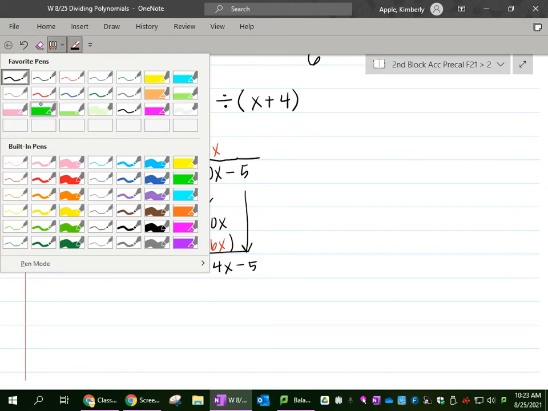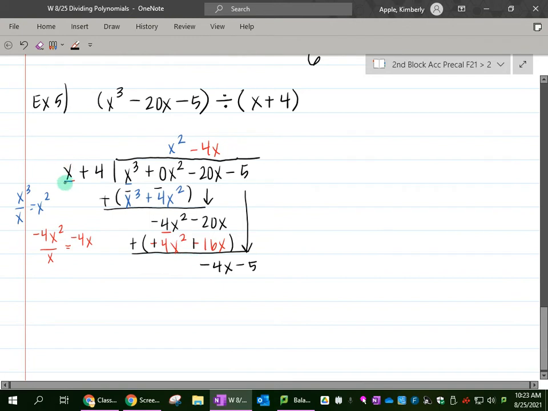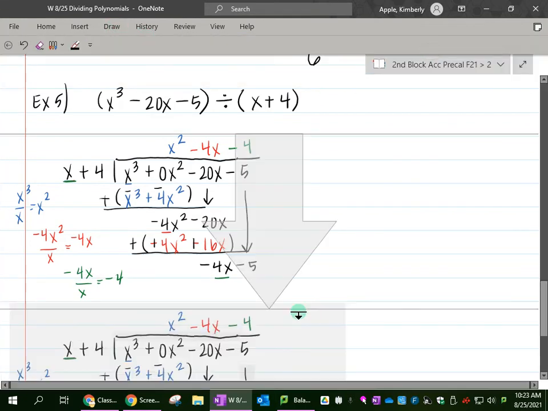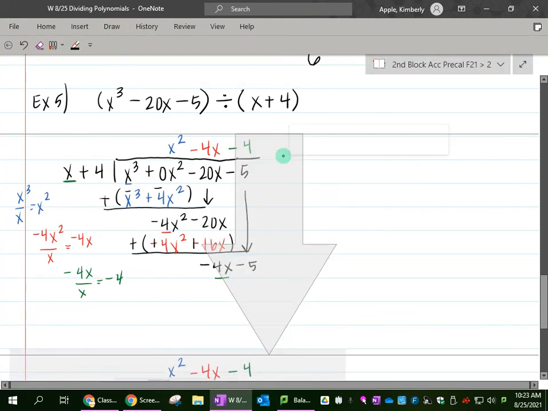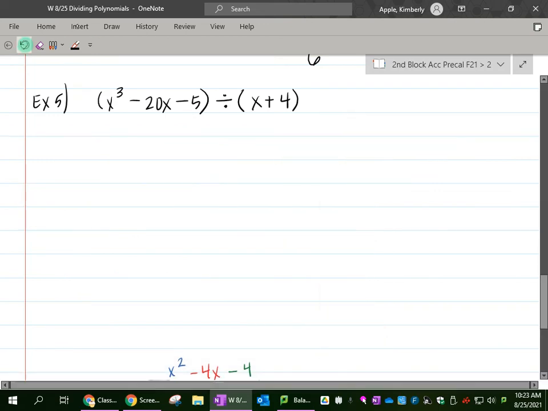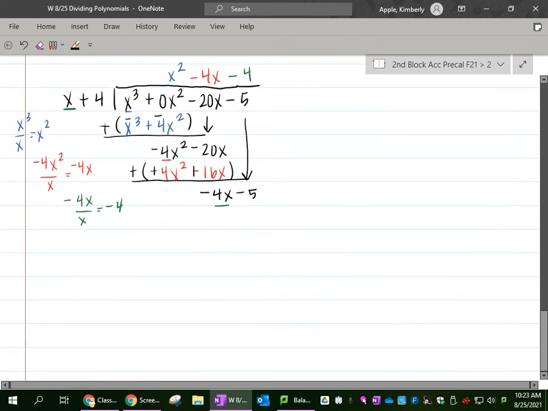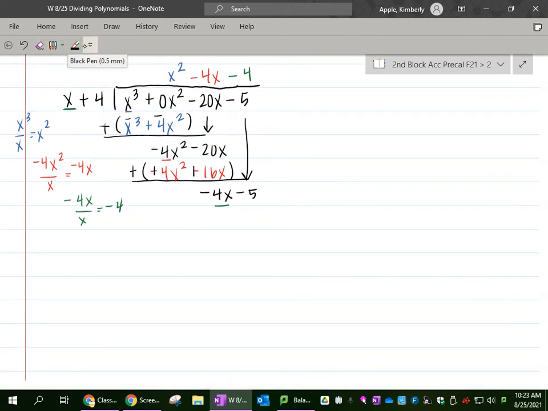All right, last bit of division. We're going to divide these two things. So here's my work. Negative 4x divided by x is just negative 4. This will be minus 4. So now we're ready to multiply again. Why did I do that? I got distracted. All right. So where was I?